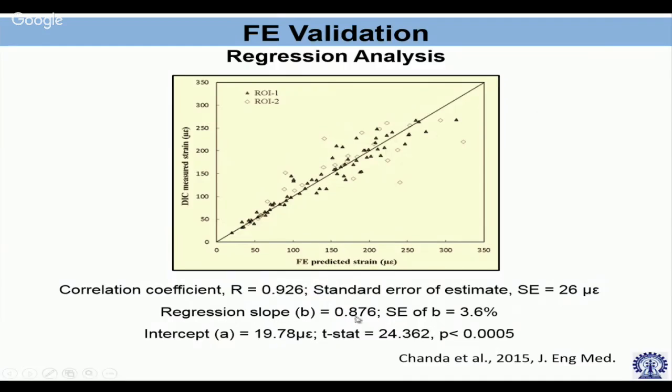We have a linear regression slope close to 1, not absolutely 1, but close to 1, and a low percentage error of the B, that is the regression slope. The intercept also is close to 0. So with the t-statistics, when we perform the testing of hypothesis, we are in a position to say that the FE predicted strains are a valid predictor of the actually measured strains.